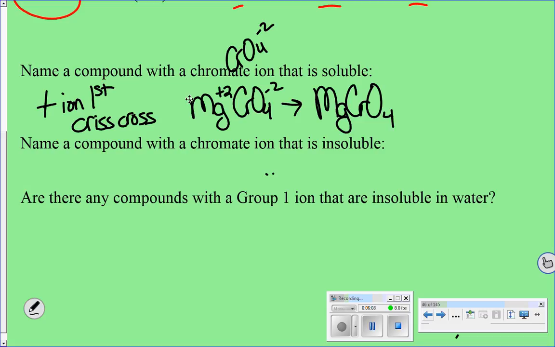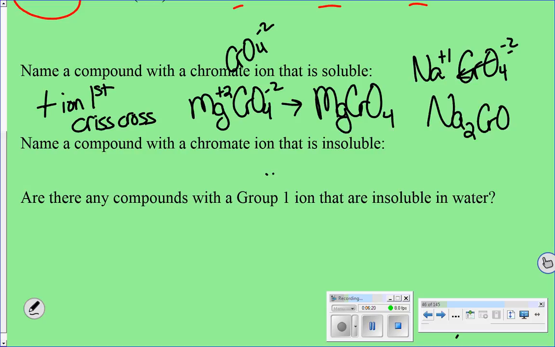No crazy crisscrossing because things canceled out. If you choose a group 1 ion like sodium, when you crisscross, you're bringing that 2 down, so you get Na2CrO4. There are some other ones you can do, but those are two simple, straightforward examples.